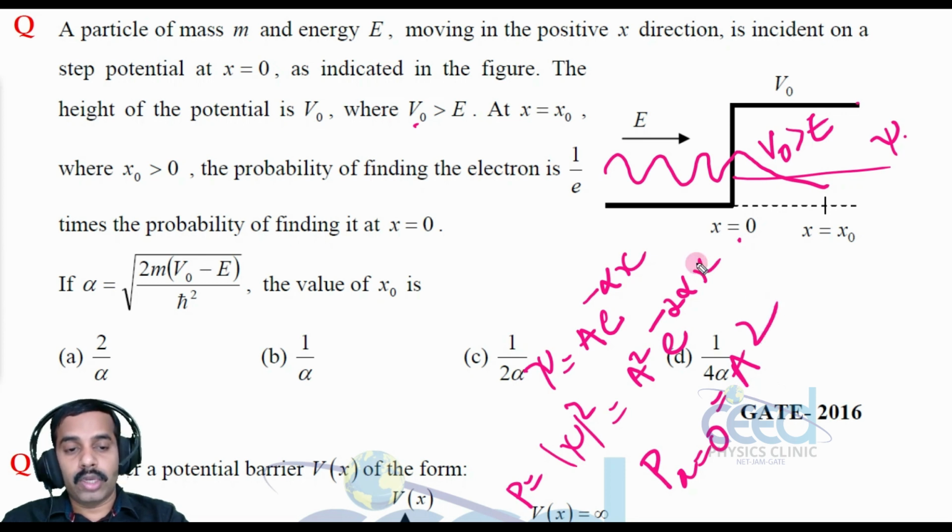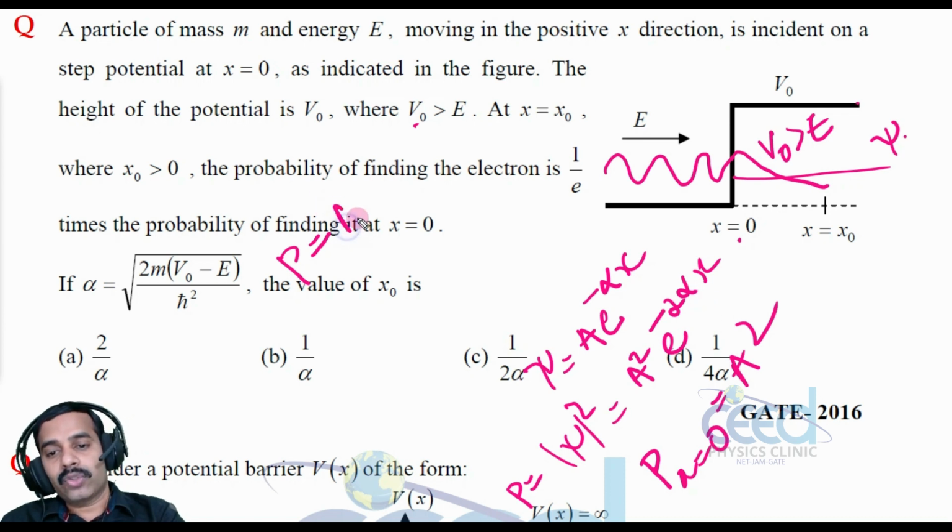Suppose if I substitute x equal to 1 by 2 alpha into this expression, the probability at some x value is a square times e raised to minus 2 alpha into 1 by 2 alpha.